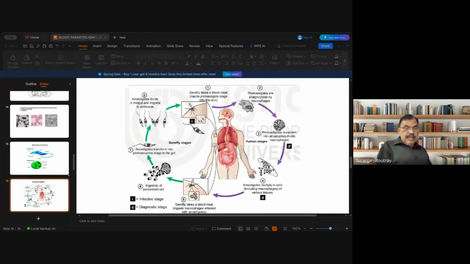So if this disease is in such a state, if it is not treated, then there is considerable destruction of the mucosal lining of the naso-oropharyngeal mucosa, and it may lead to perforation of the nasal septum.